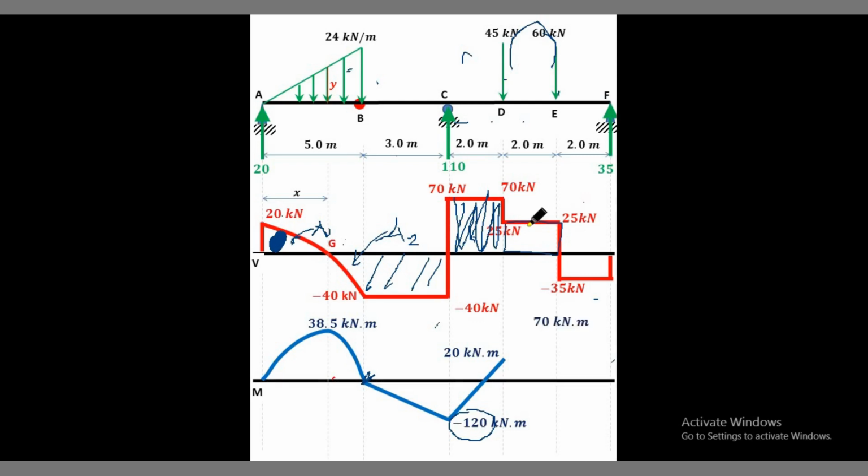So again, dito sa may shear diagram, from D to E, that is a 0-degree curve. So pagdating kay moment diagram, magiging 1-degree curve na siya. Then, nag-end ako kay 70 minus the area of this rectangle sa baba, that is 0. I just connect that one, and my moment diagram looks like this.